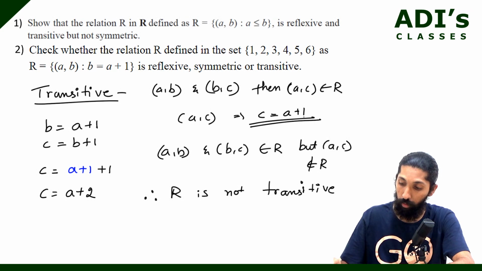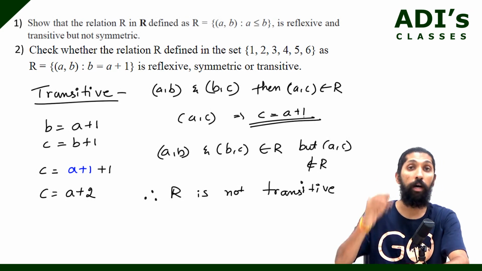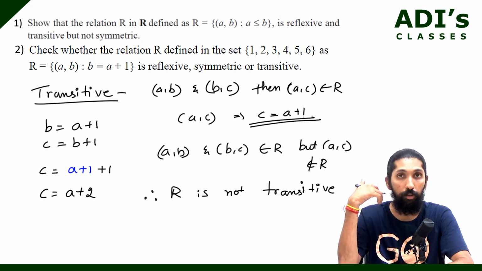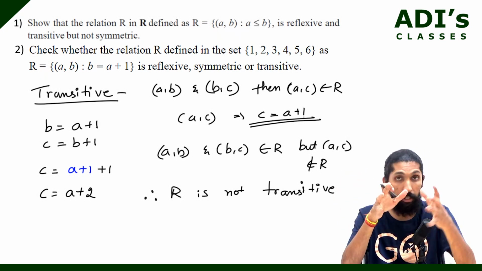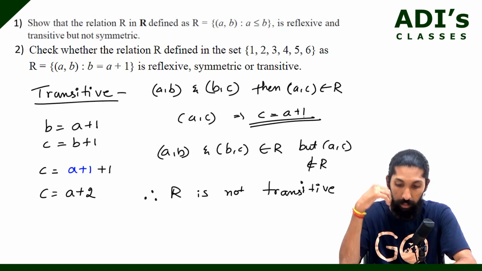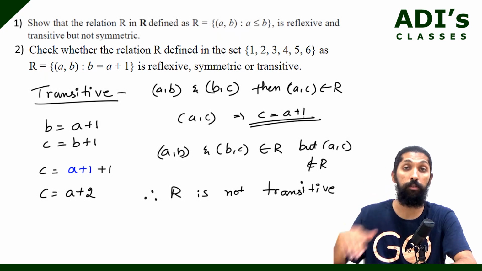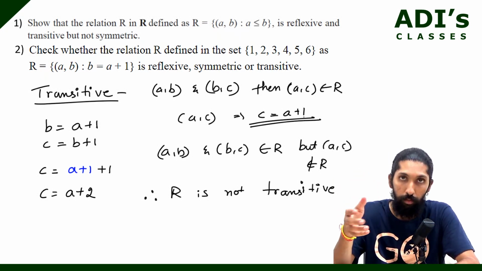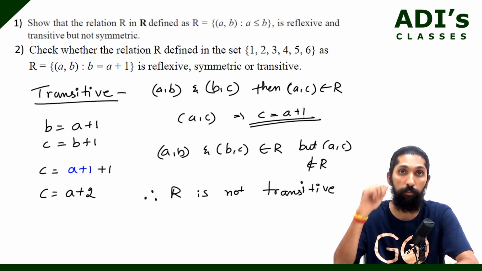So what did we get in this one? R is neither symmetric nor reflexive nor transitive. So when they say check, you have to check in this way. Clear? So these are two simple problems based on the relation, different types of relation. In the next video, we'll see a few more types of problems and a few more problems also.